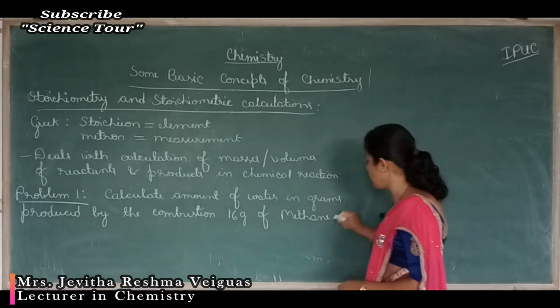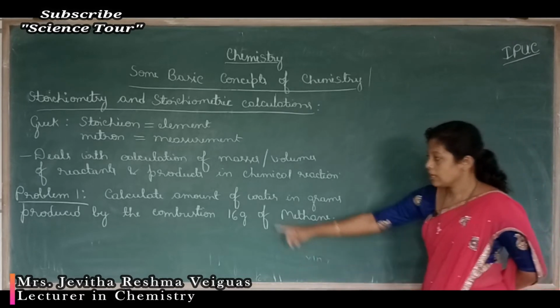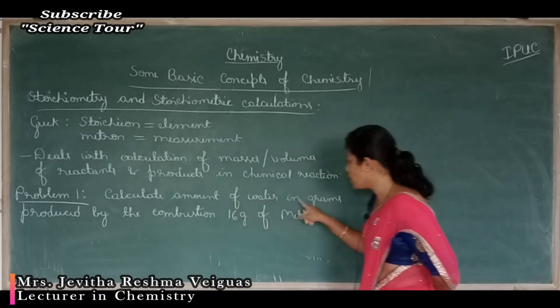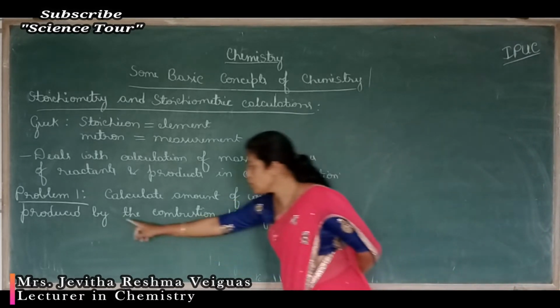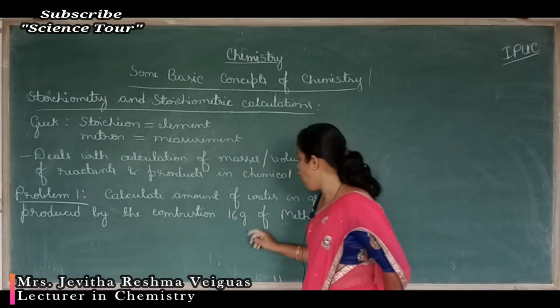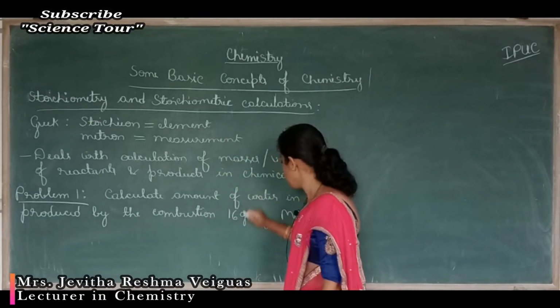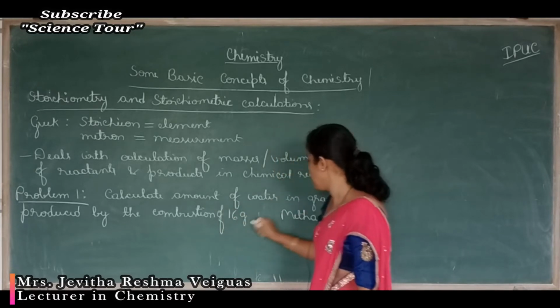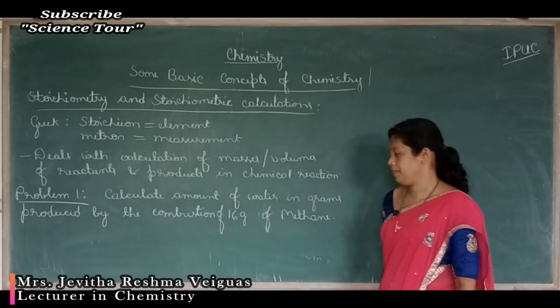Calculate the amount of water in grams produced by the combustion of 16 grams of methane.